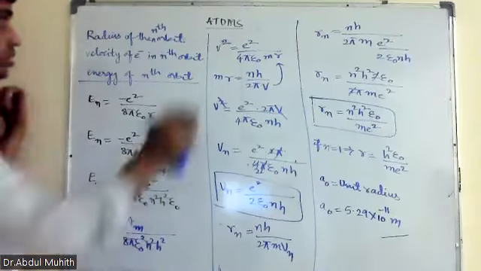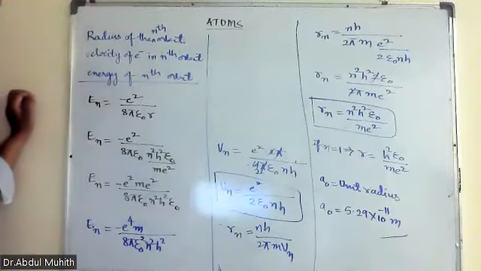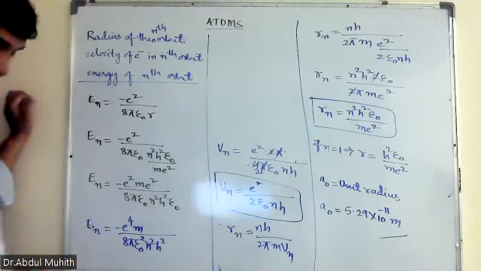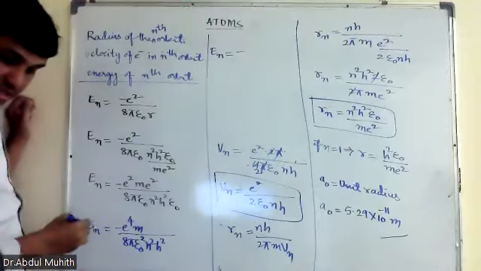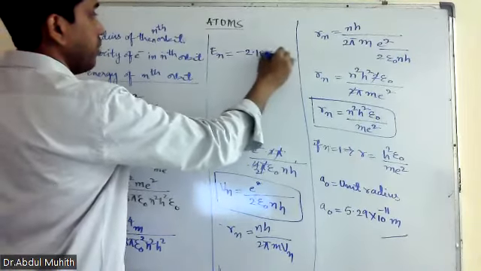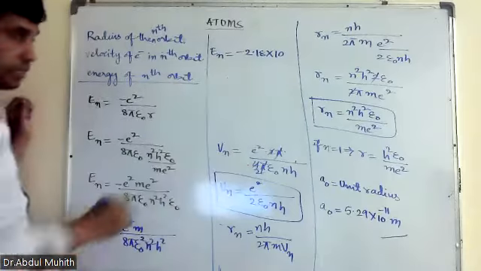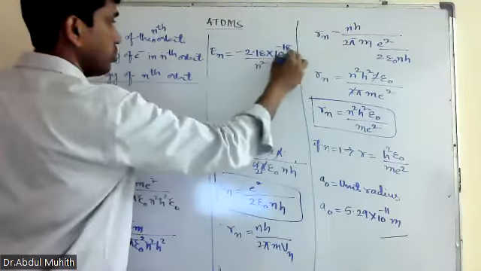Now when you substitute all these values, these are all constants. The Planck's constant, mass of the electron, charge of the electron, all are constants. When you substitute that, En is equal to minus 2.18 into 10 to the power of minus 18 by n square joules.